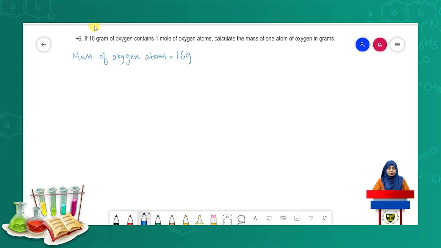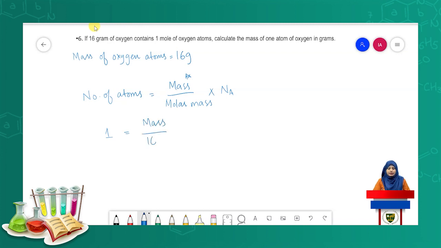अब उसके लिए फॉर्मूला सेम है, number of atoms is equal to mass divided by molar mass, and never forget molar mass of oxygen is 16, multiplied by Na, मतलब एवोगैड्रोस नंबर. अब हमें कैलकुलेट करना है mass of 1 atom, so we will just replace the values. नंबर ऑफ एटम्स की जगह आएगा 1, mass की जगह तो mass ही रहने वाला है.